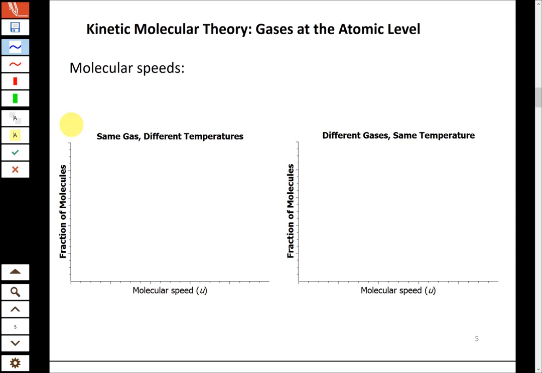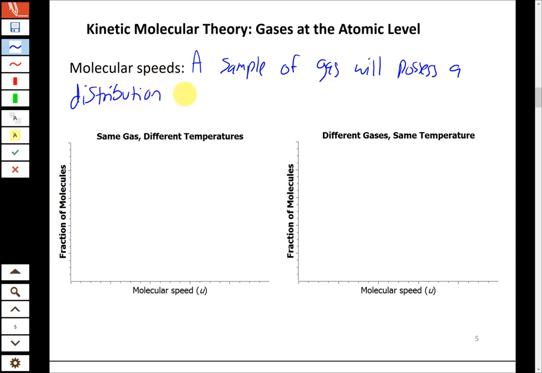It's not like there's one speed that they're all moving. There's always a distribution of speeds. So that's the important thing to realize conceptually first: when you have a sample of gas, the atoms or the molecules that make up that gas will possess a distribution of molecular speeds, not one single value, but a range of values.